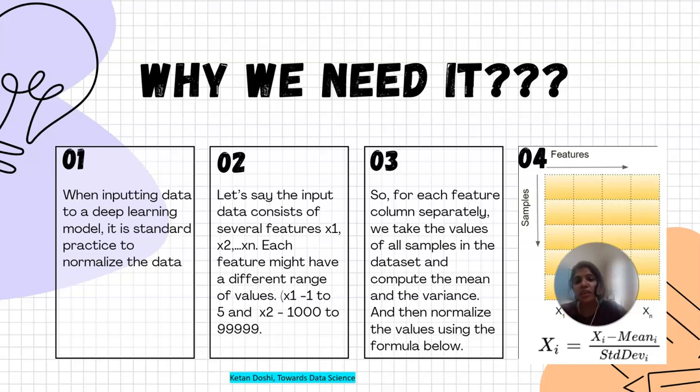In the same way, if I take a bank data set or an insurance data set or a medical data set, in that data set, the amount deposited, maybe it is in lakhs. There will be many columns, right? If I take a bank data set, there will be many rows and many columns.